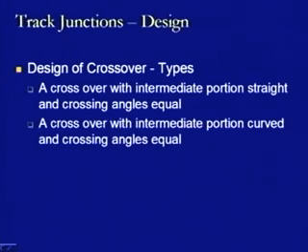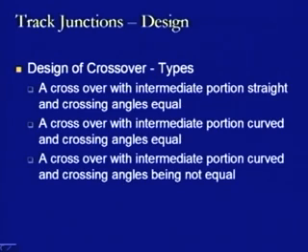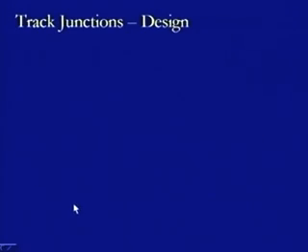Then there is another crossover which again has an intermediate portion, but instead of straight, we have the curved portion and crossing angles equal. So, the portion has a curved section and the crossing angles still remain the same. And the third condition is where we have the intermediate portion curved and the crossing angles are not equal. So, we will be looking at these 3 design propositions one by one.